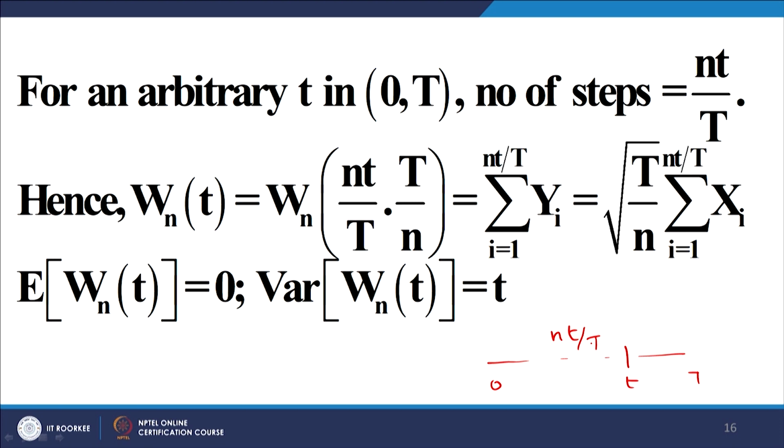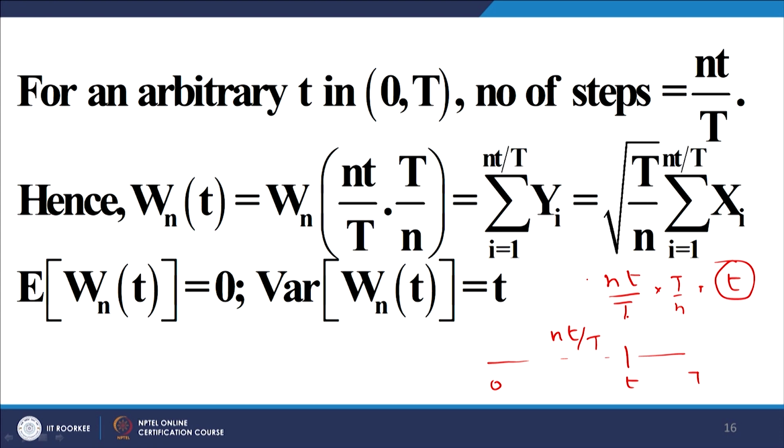And therefore, when we work out the mean, obviously it remains 0, and the variance now becomes the summation of y, and the number of variables involved will be n small t upon capital T. When we do the simplification, the variance will be n t upon capital T into t upon n, that is equal to small t.